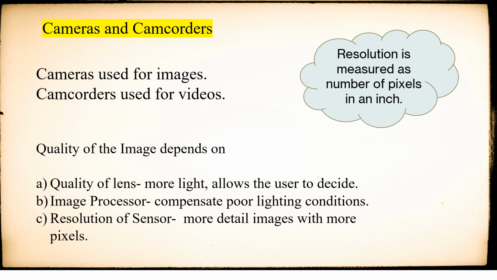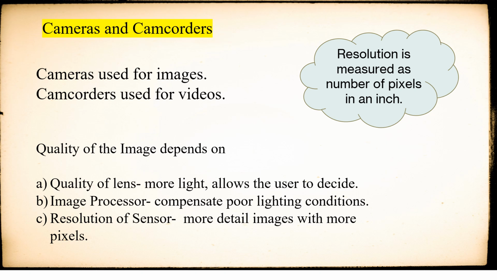But nowadays cameras have the ability to capture videos as well, and the cameras in your mobile phone or smartphone can capture images as well as videos. This phenomenon is called technical convergence.